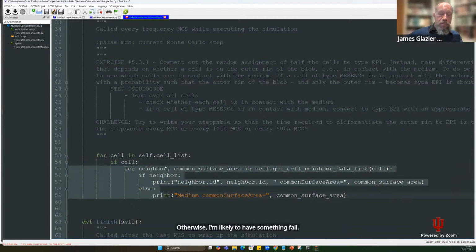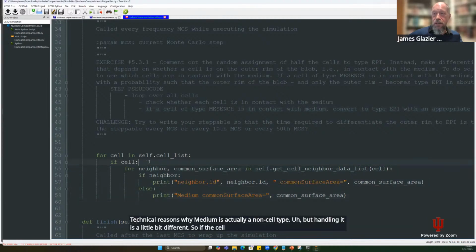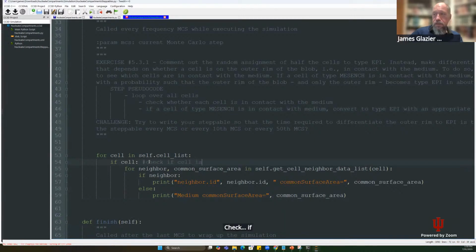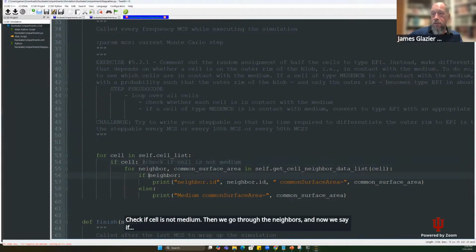That's a little bit of a minefield, but there are good technical reasons why medium is actually a non-cell type. But handling it is a little bit different. So if the cell is a real cell, so this checks if cell is not medium. Then we go through the neighbors, and now we can just say if not neighbor.